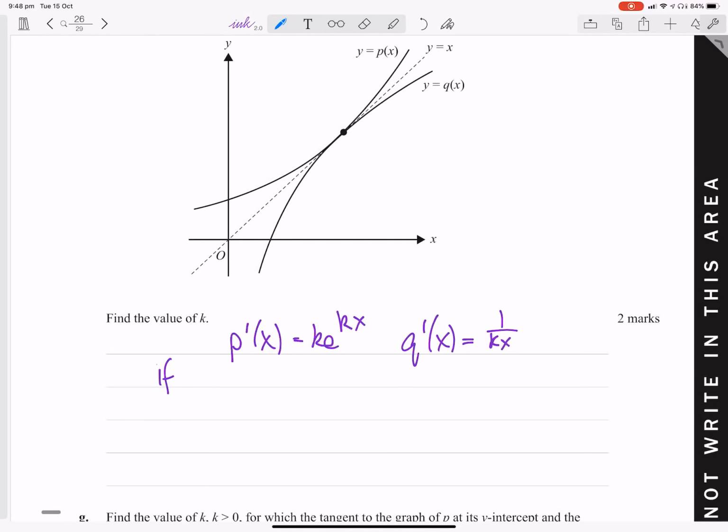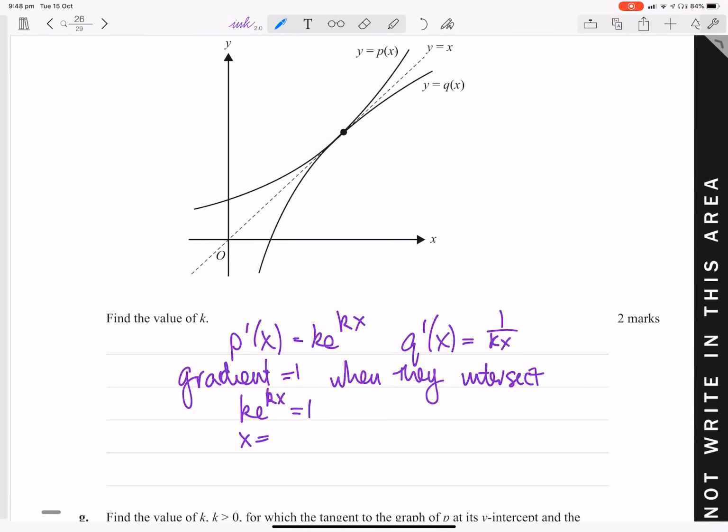If the gradient equals 1 when they intersect, so if we let that equal 1, ke to the kx equals 1, we get x is 1 on k log e 1 on k.